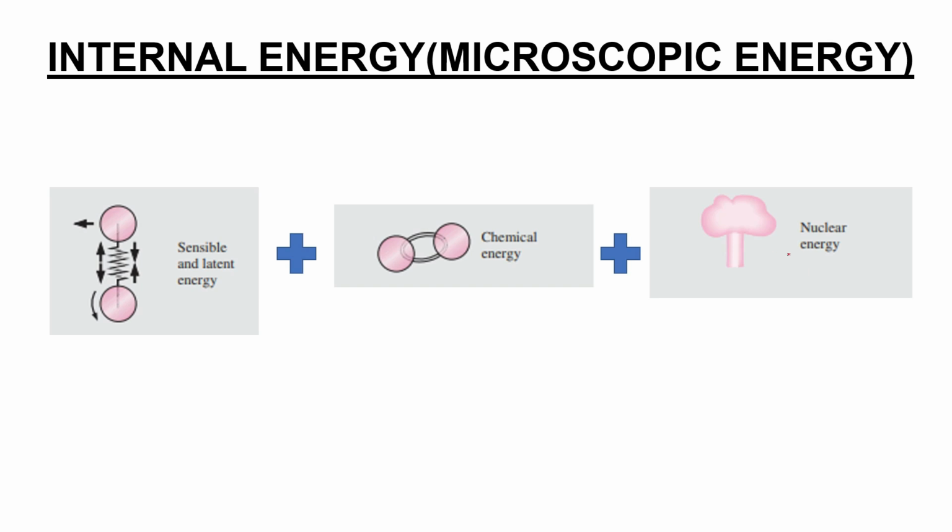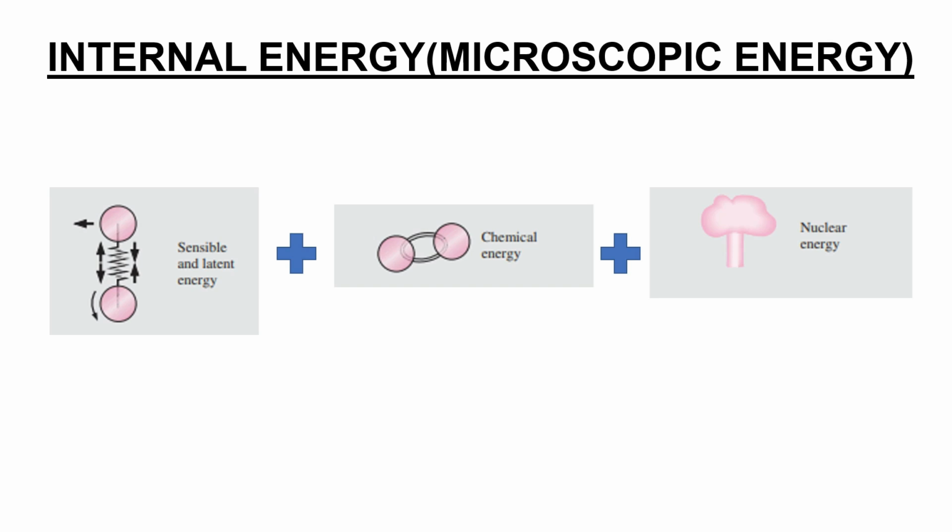Nuclear energy is the energy released due to nuclear fission or fusion, which we do not usually encounter in thermodynamic problems; only in nuclear physics do we usually see that. So in internal energy we mainly deal with the sensible and latent energy, and to some extent chemical energy. This is all about internal energy, or the microscopic energy.